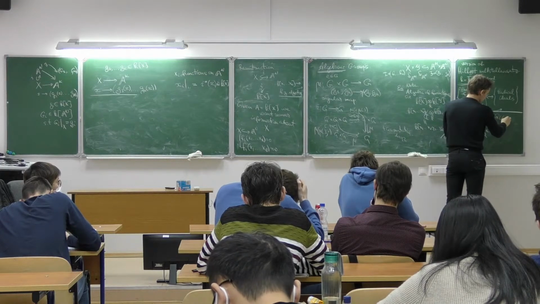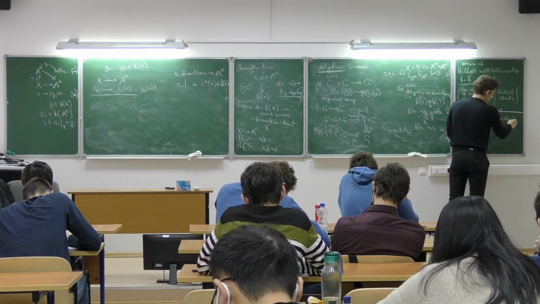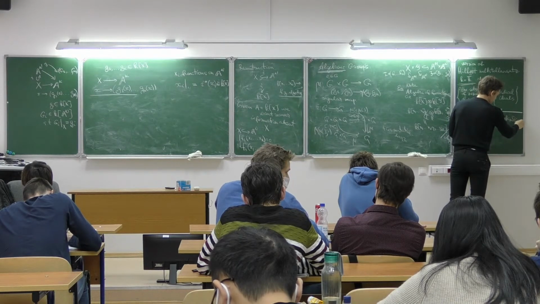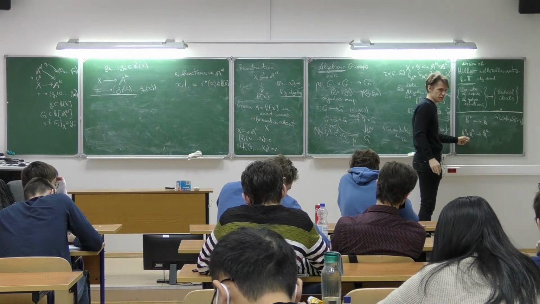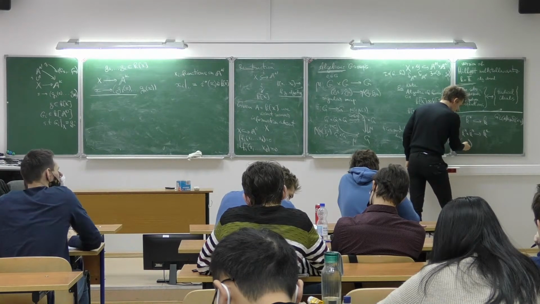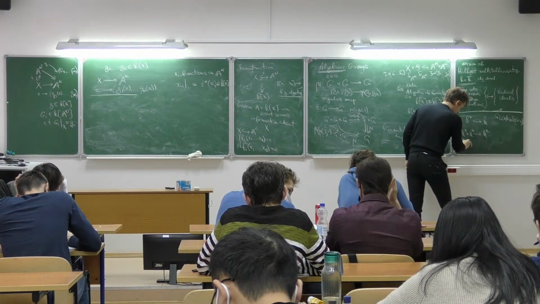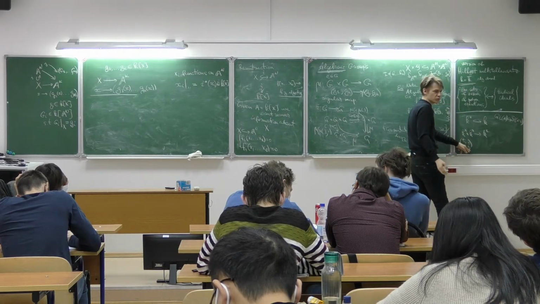So we put GL1 times GL1 into SL2 via (t1, t2) maps to the diagonal matrix. You can write these numbers as 2x2 matrices, diagonal, with the only condition that the determinant is 1.